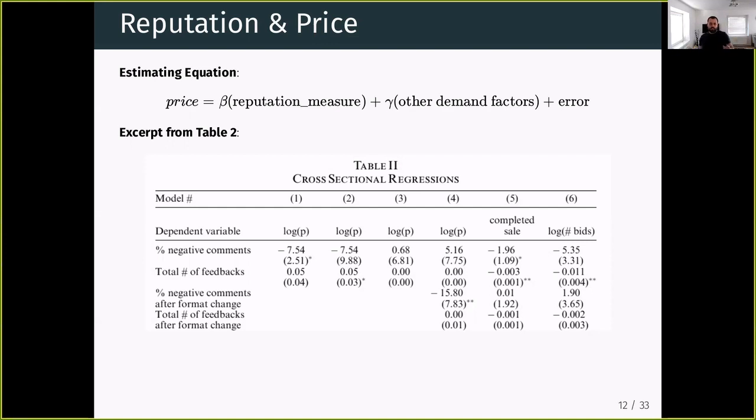What they do find, looking at column 5, the probability of a completed sale, or the number of completed sales, is weak evidence, at the 10% level of statistical significance, that the number of sales goes down as the percentage of negative comments goes up.